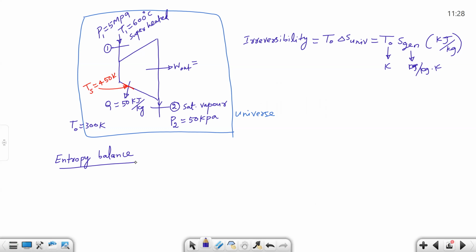So whatever entropy is generated here is the entropy generation of the universe. So entropy will be generated inside. So entropy in minus entropy out plus entropy generation equal to change in, maybe it is a steady flow device.